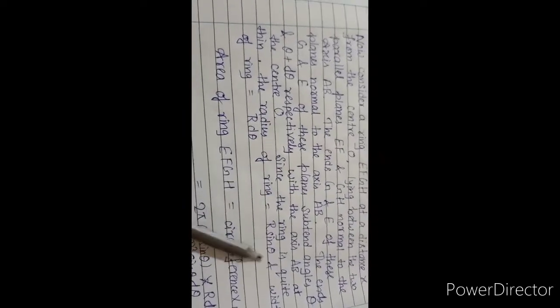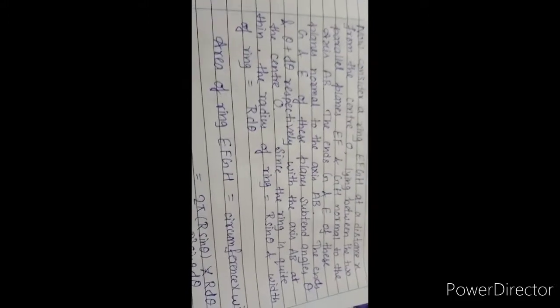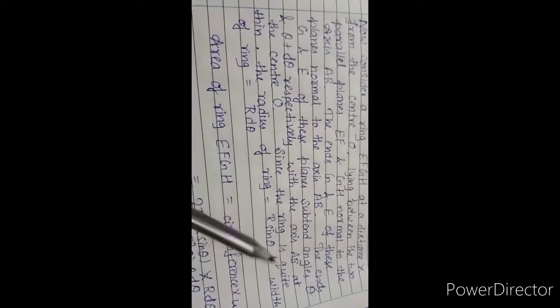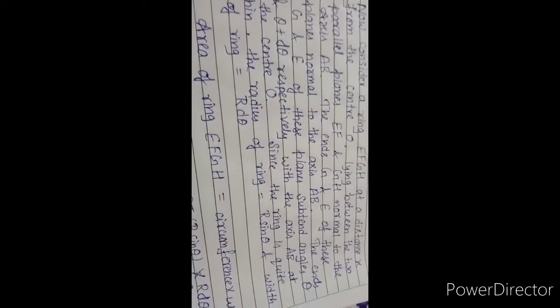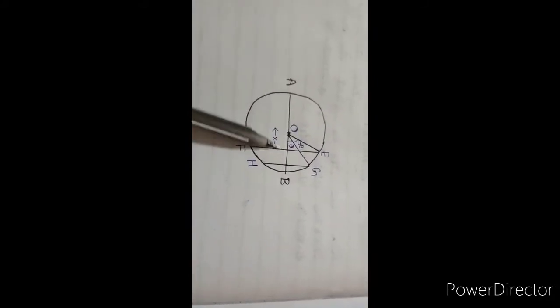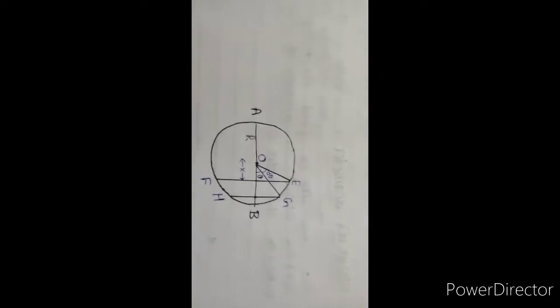Since the ring is quite thin, the radius of the ring is equal to r sine theta. Now how does this come, I will explain. AB is the diameter, so its half, the distance of the surface of the sphere from the center, is the radius r.